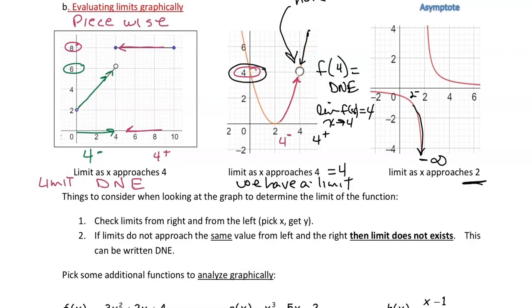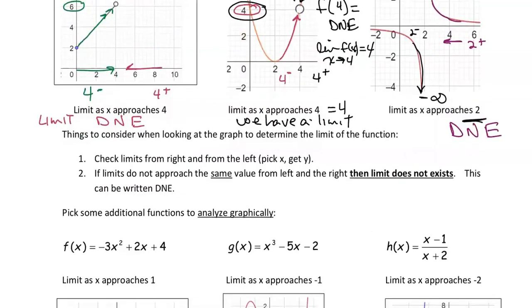If you then try to approach 2 from the greater than 2 side, you are heading up this curve. You are heading towards positive infinity. You are heading 2 different places. Therefore, by definition, your limit does not exist. Okay? So to check the limits, this is our procedure. Check the limits from the right and from the left.